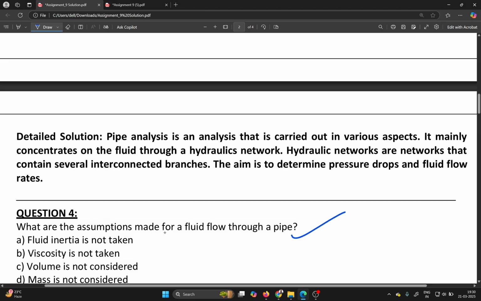What are the assumptions made for a fluid flow through a pipe? Fluid inertia is not taken, viscosity is not taken, volume is not considered, mass is not considered. Which option will be correct for question number 4?